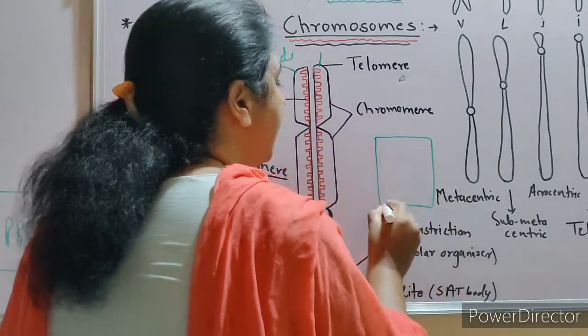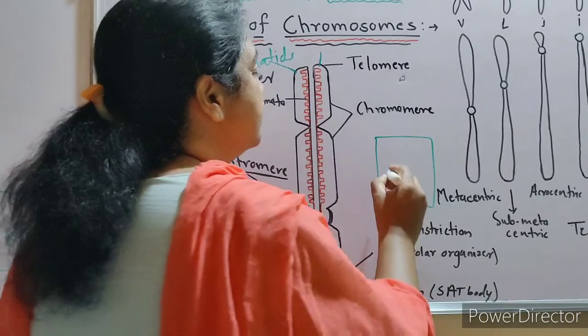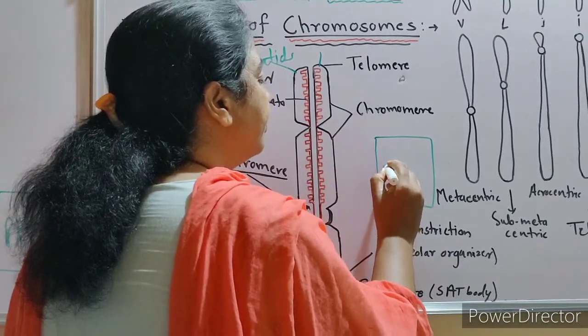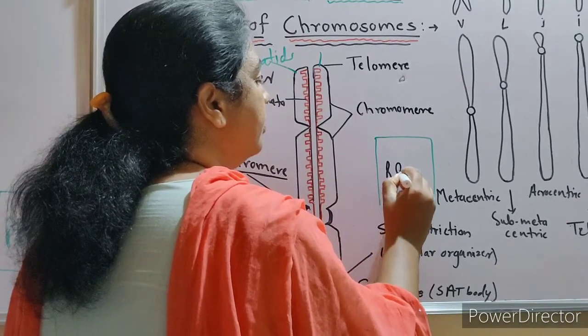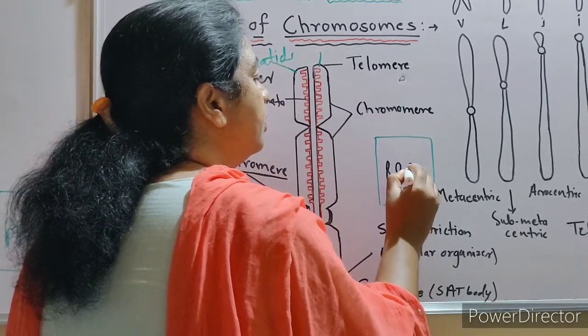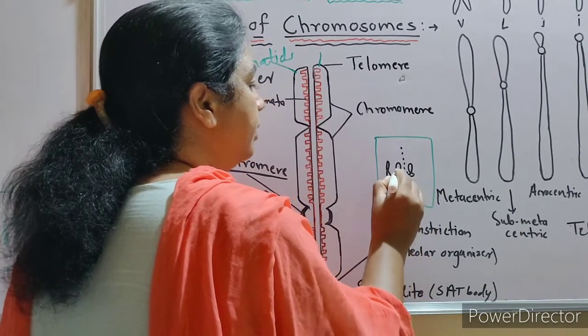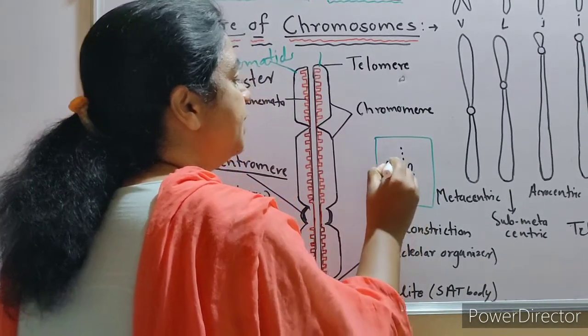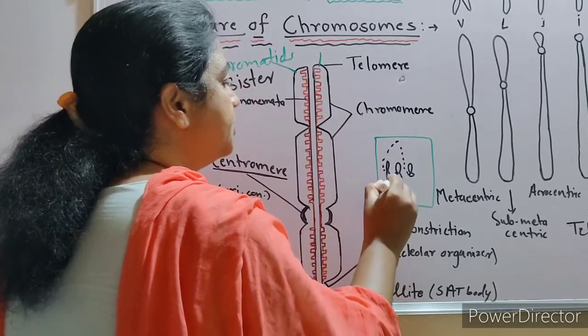When there is a cell division, the spindle fiber gets attached to this centromere.